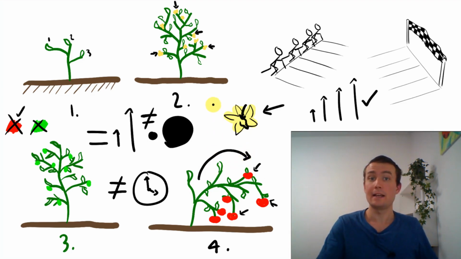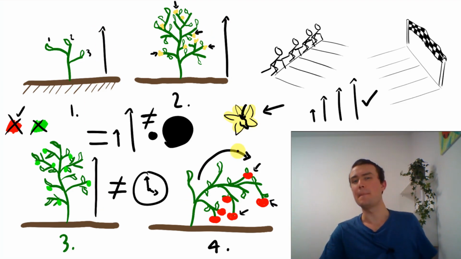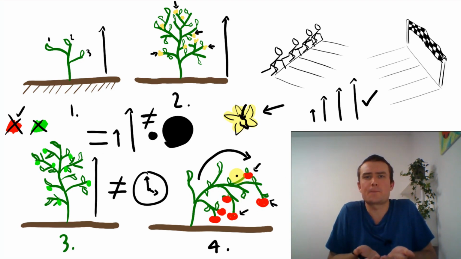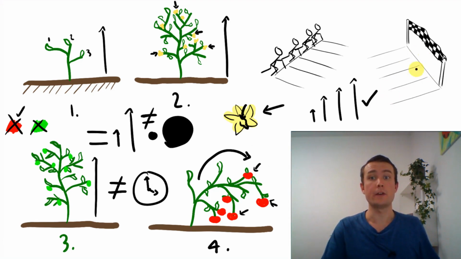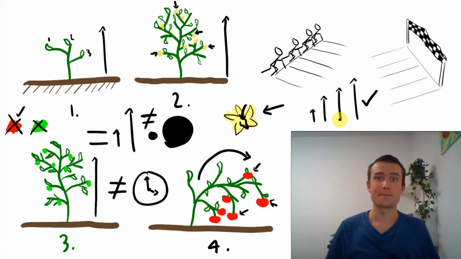The plant isn't straight, it's bending over because the tomatoes are heavy. They've finished growing and are ready to eat.